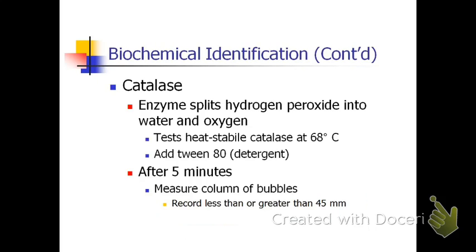Catalase test. I think you are familiar with this already. The enzyme that would be capable of hydrolyzing hydrogen peroxide into water and oxygen. But there's a twist here for Mycobacterium because we add the Tween 80, the detergent. So after 5 minutes, you'll be able to see bubbles or rapid effervescence of gas as a positive result.